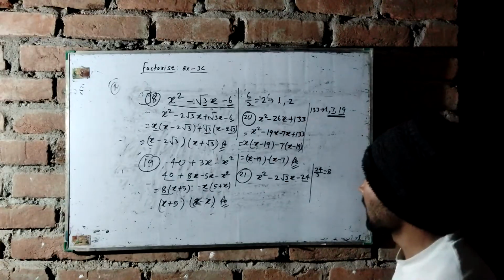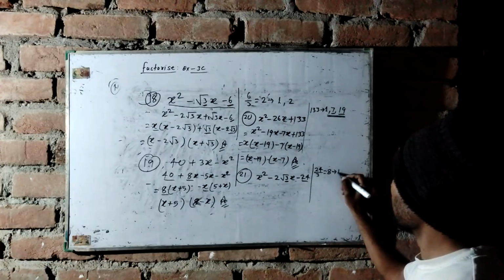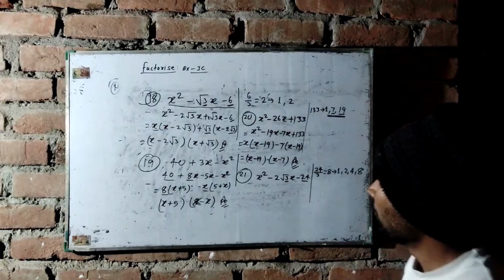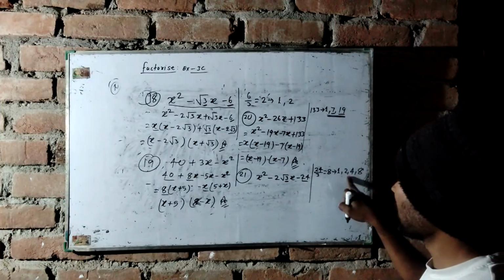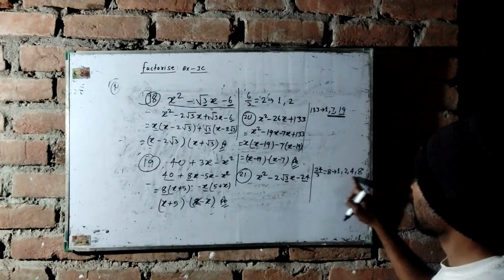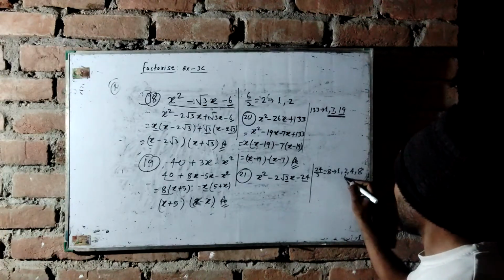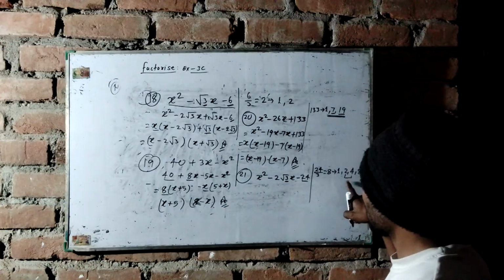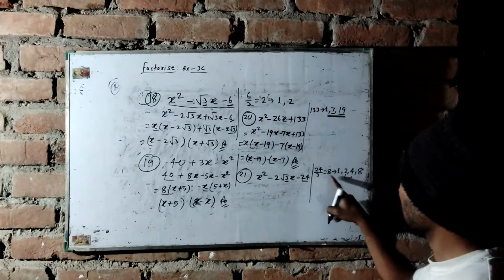Now we have to write all factors of this number: 1, 2, 4 and 8. Now we have to choose two numbers from here whose difference or sum will be minus 2 and their product will be 8. So we can consider two numbers 2 and 4, whose difference will be minus 2 and their product will be 8.